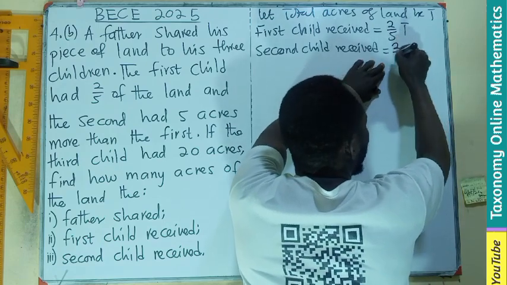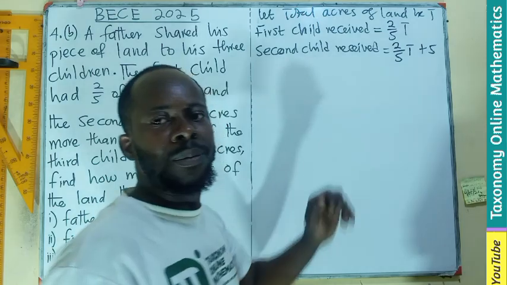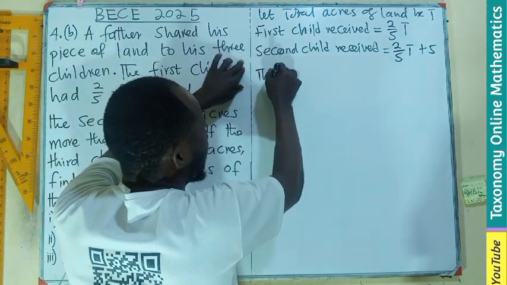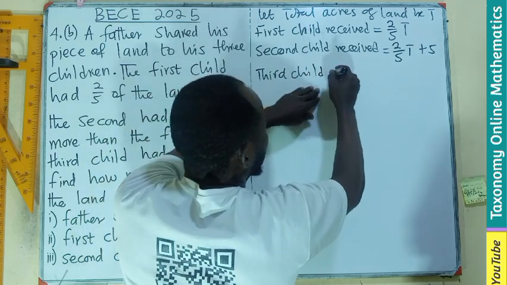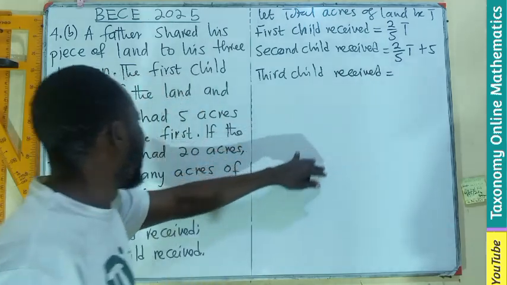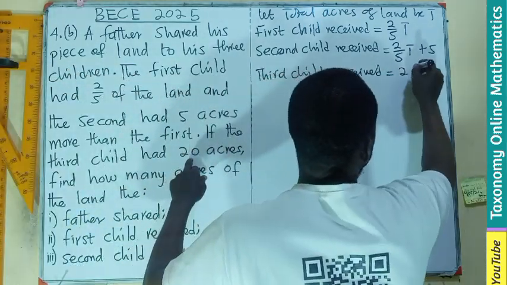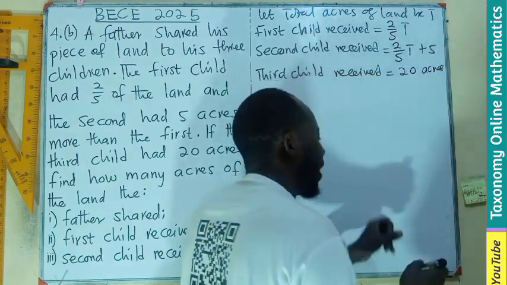That is 2 out of 5 times T plus 5. Then don't forget the third child. Receive just 20 acres. All these are in acres.